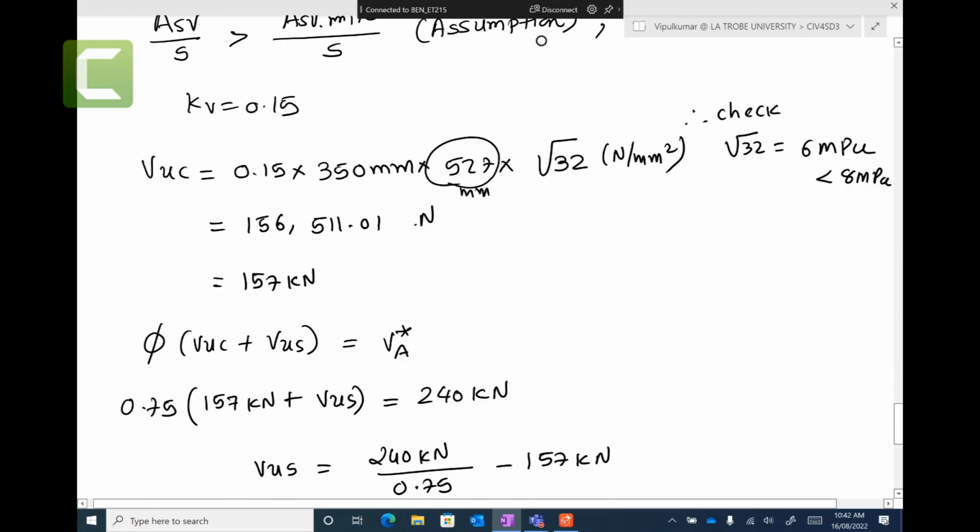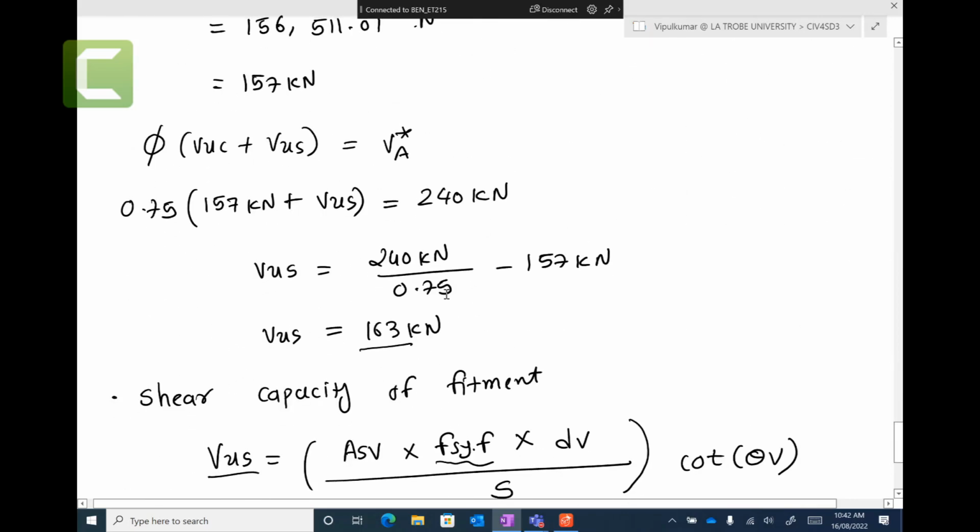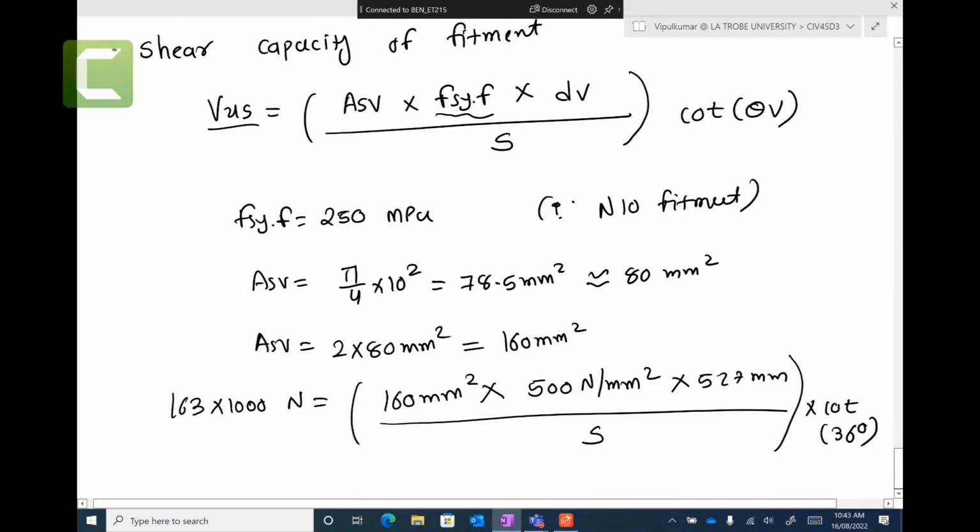Then we use VUC. So if I use 0.70 here, then here 0.70 as well. So 240 divided by 0.7, take away 157, you get 186 kilonewtons. So that's better now.